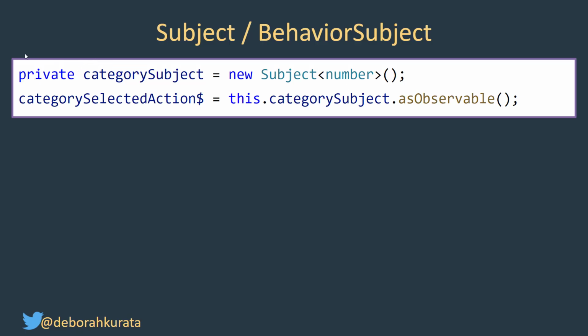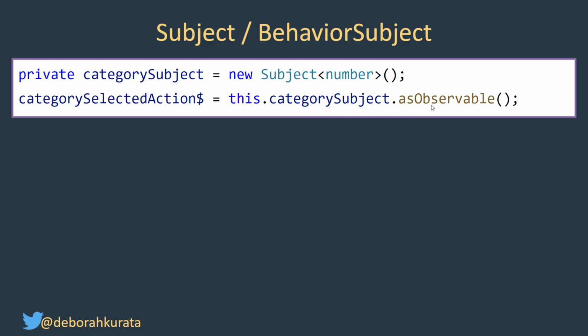Now I want to make that private because I don't want any other code in the application other than this particular service to be able to emit things into that directly, or to be able to complete my stream, or otherwise mess with the observable stream that I'm creating.